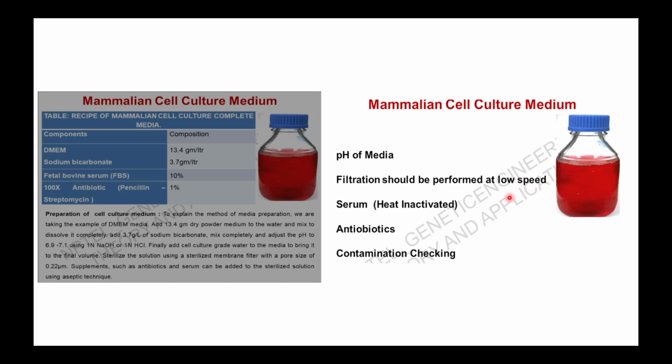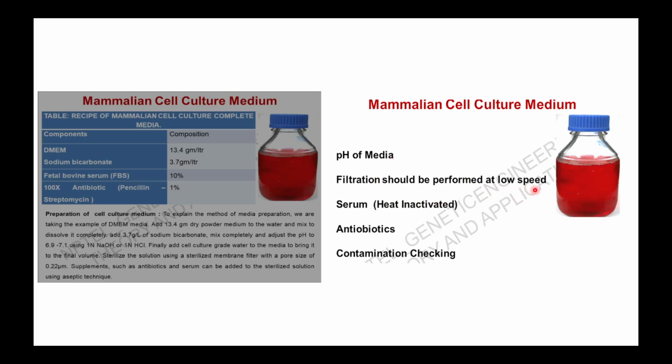The liquid medium has to be filtered to remove any particulate matter, and the filter through which these media are filtered has pores as small as 0.2 micrometers, so that most of the contaminants can be left out, and we get as pure or decontaminated a growth medium as possible.